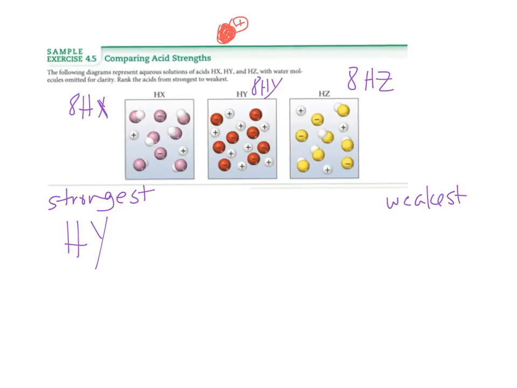Now let's find the weakest. In each case, we started with 8 molecules of the acid. I know that because I counted the anions. Well, actually, I counted the whole thing. So HZ has dissociated into 3 protons and 3 anions, and the remaining 5, so we have 3 H pluses and we have 3 Z minuses, and then we have 5 HZs.